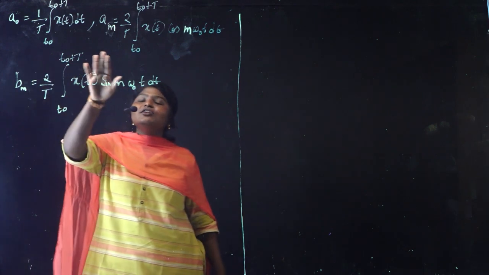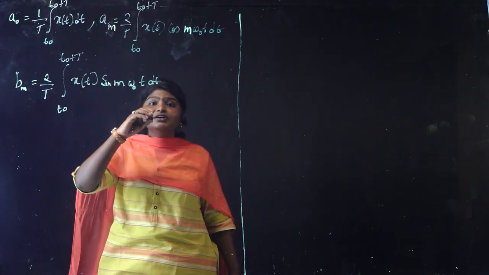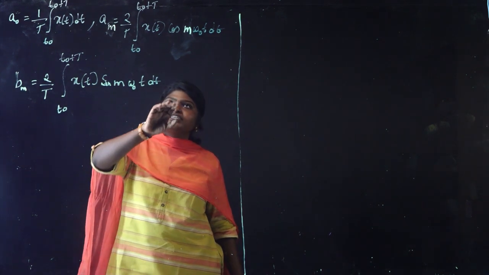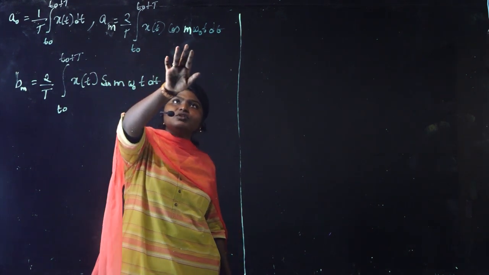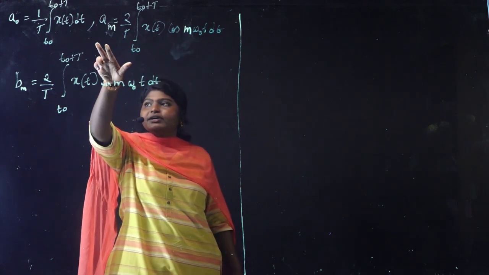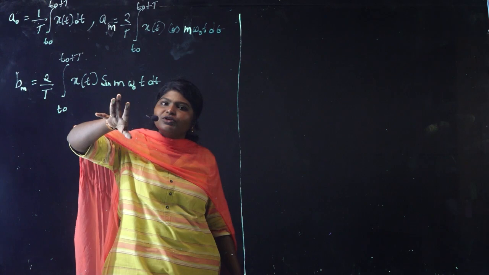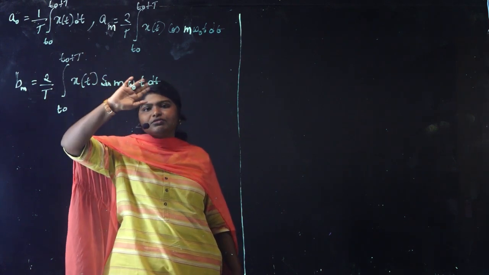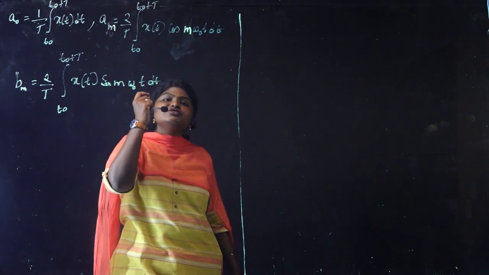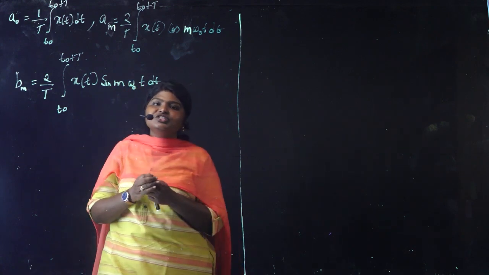So a naught, a m and b m are the Fourier series coefficients. Here we have multiplied the expansion with cos m omega naught t in order to determine a m, and sine m omega naught t and also integrated in order to get b m values, but at n equals m, those are interchangeable.